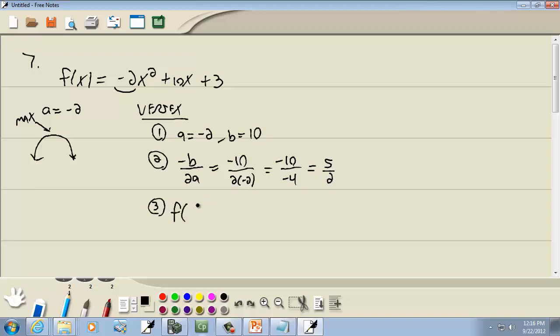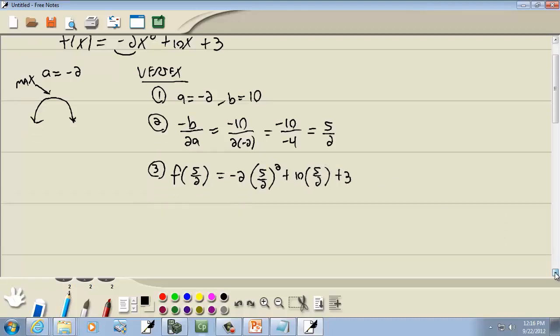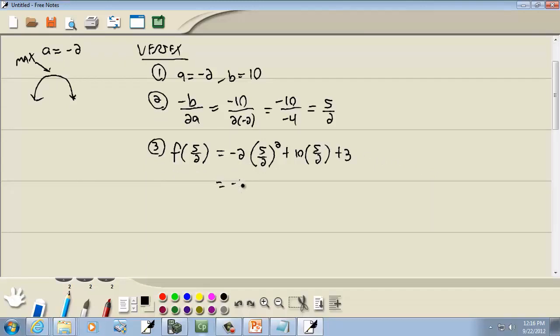Well, step 3, we then want to take that value and plug it into our function. So I'm going to have negative 2 times 5 halves squared plus 10 times 5 halves plus 3. That gives us negative 2 times 5 squared over 4, 5 times 5 is 25, 2 times 2 is 4. Over here, the 2 and 10 simplify.